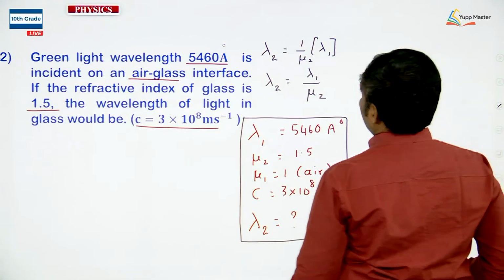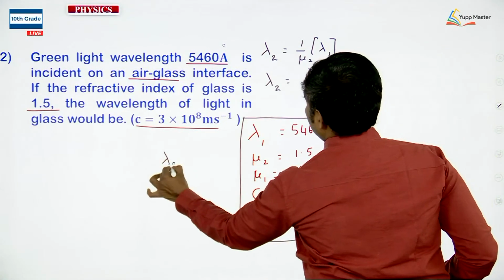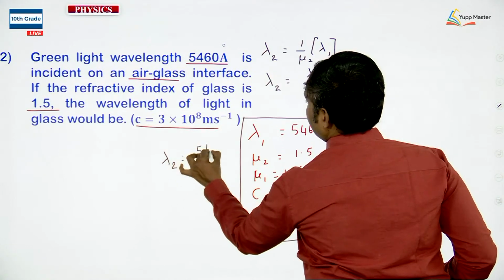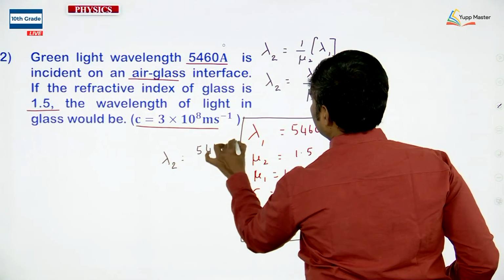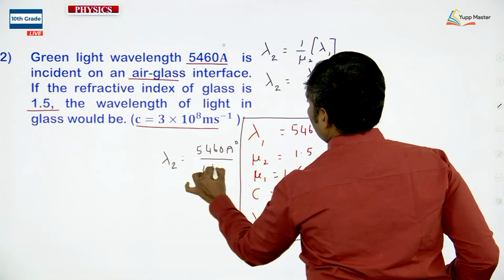Therefore, lambda 2 is equal to 5460 angstrom units by 1.5.